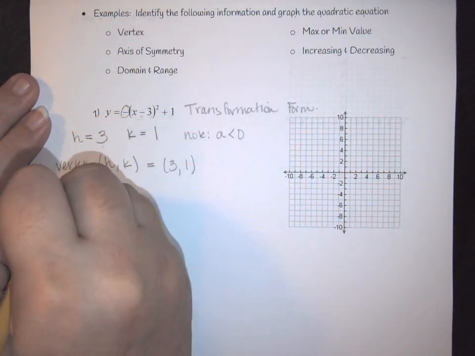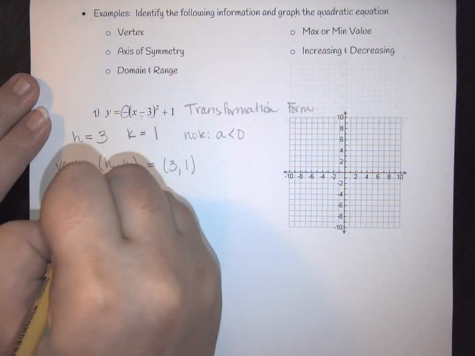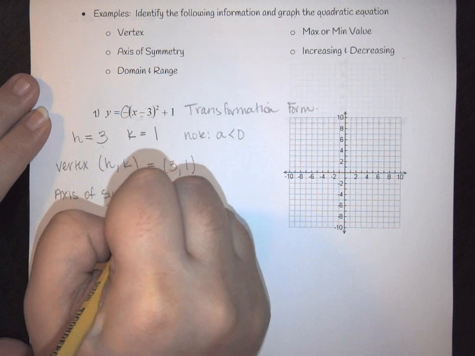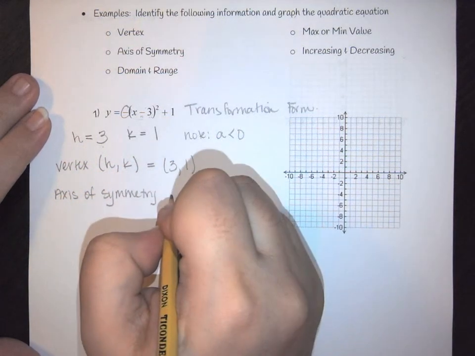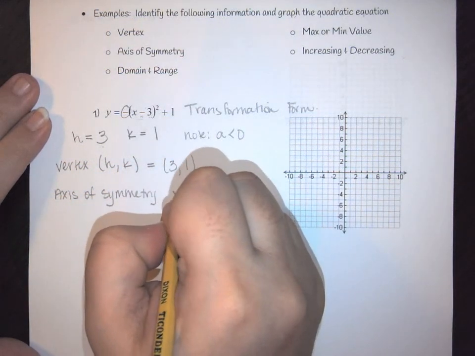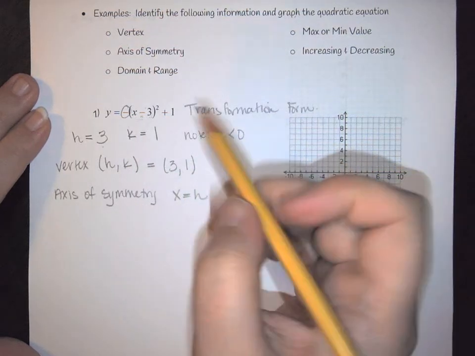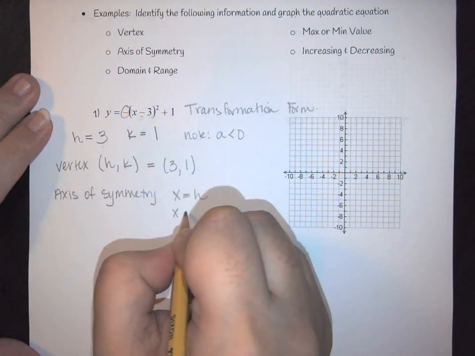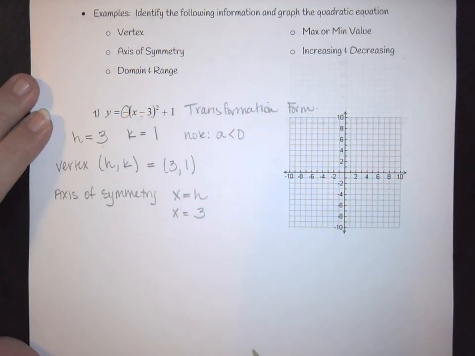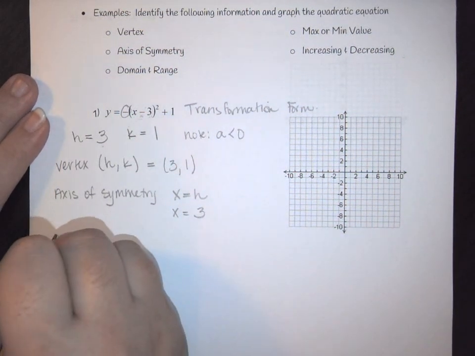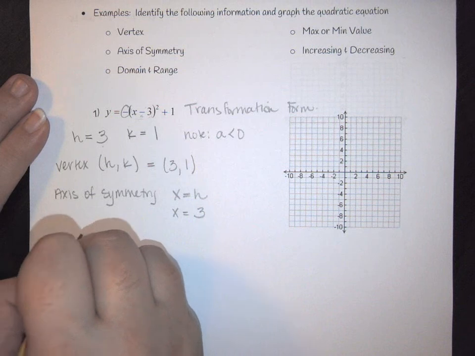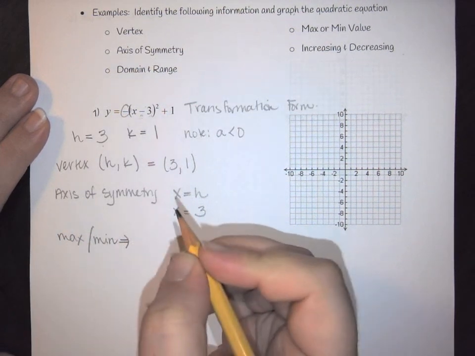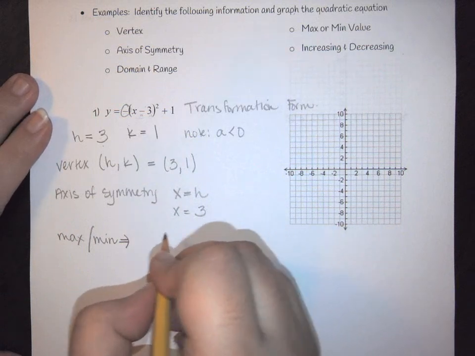Now with that, I also have the axis of symmetry. The axis of symmetry was found by looking at x equals h. So in this case, h is 3. So my axis of symmetry is going to be x equals 3. I also need to find my max or min. And so in order to do that, it says first I need to identify it.